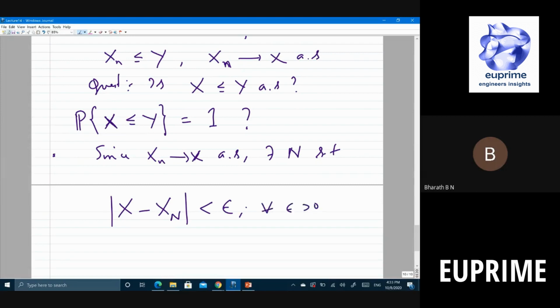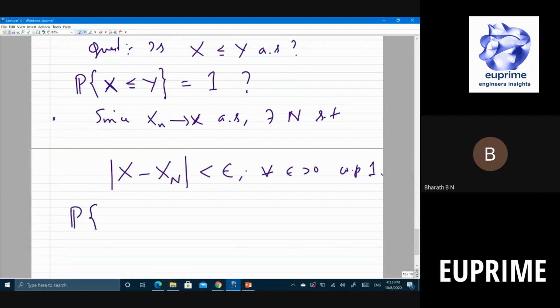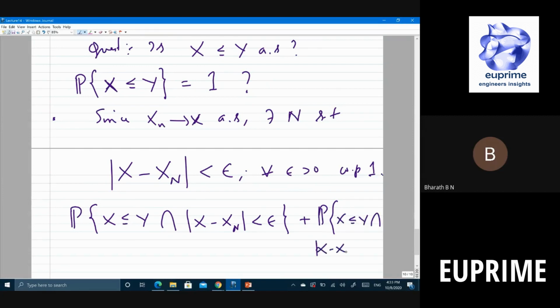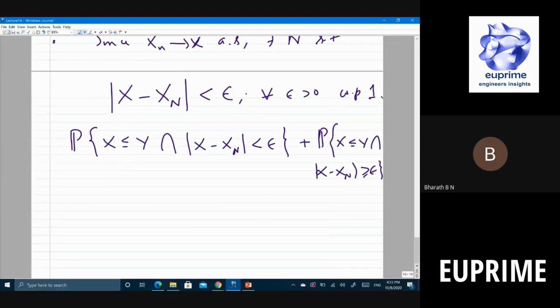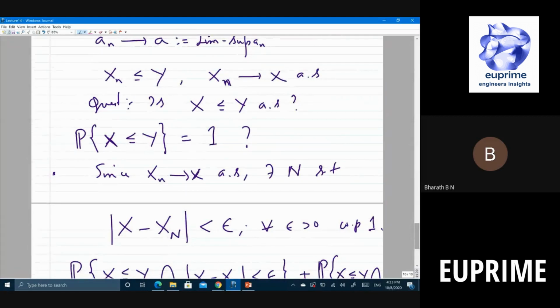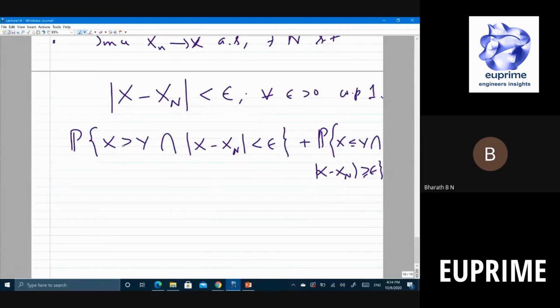Give me any epsilon, I can ensure that this happens with probability 1. So now the probability of X less than or equal to Y, I can write as the probability of X less than or equal to Y and the difference between X and Xn less than epsilon, plus the probability of X less than or equal to Y and the difference greater than or equal to epsilon. Okay, so let me prove the other way. I will prove greater than or equal to 0. Instead of that, I'll take greater than Y.